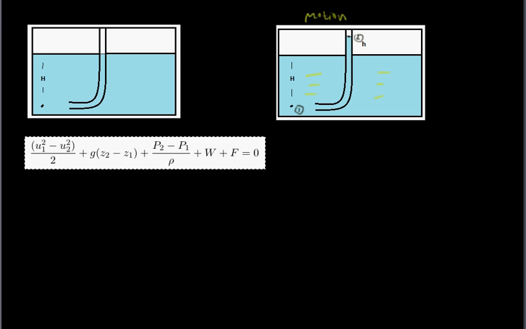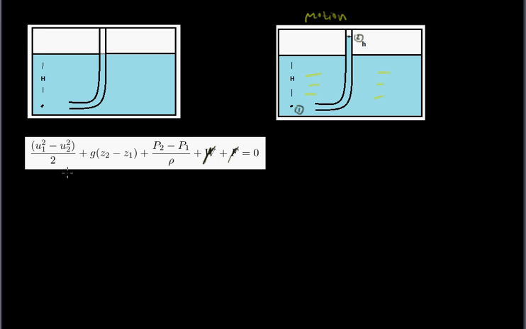Okay, so with the Bernoulli equation, let's start canceling things out. It's usually the right idea. You just want to figure out what you can cancel, so we can cancel out work and friction. There's no work going on, no pumps or turbines, anything like that. Friction, technically there would be some frictional effects, but we're dealing over such a short distance that all the frictional effects are going to be negligible.